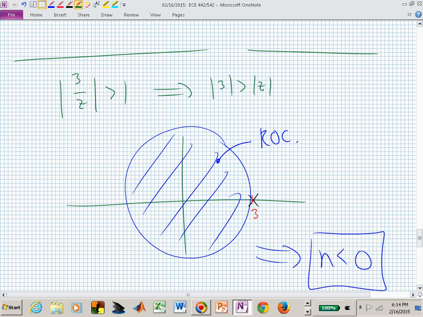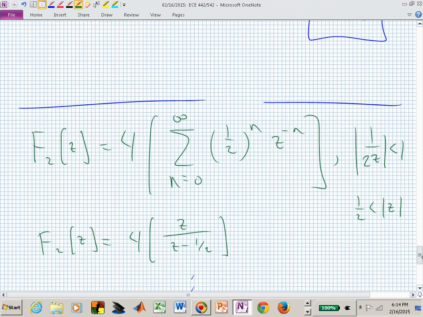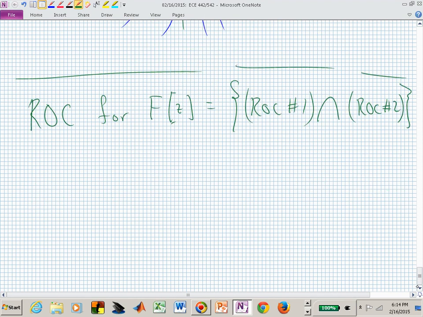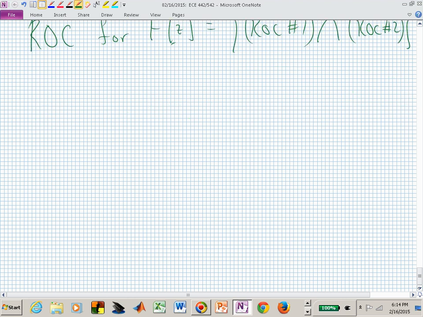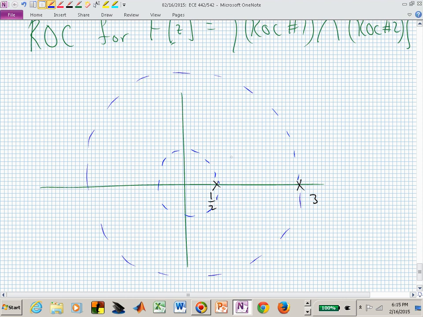There's our annular region. And those values of z are when both of those transforms exist. We now have something beyond 1/2 and interior to 3. There's the intersection.